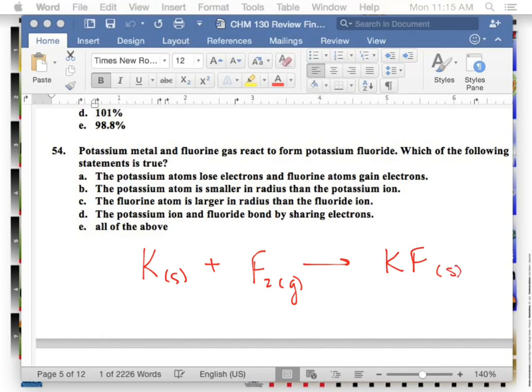It's not a big deal, so let's just say solid. What happened to the potassium as we went from reactant to product? It became potassium fluoride. What else happened to it? It's still solid. Okay, we said that phase wasn't important, so I'm going to erase that.